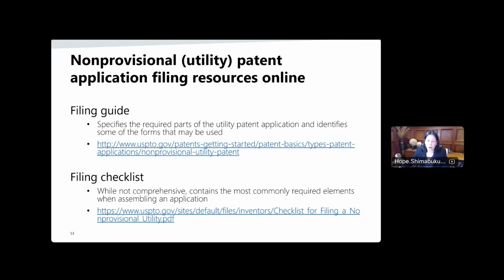The checklist overlaps a lot of the information in the filing guide, but it's really a great resource so that you can find information in a succinct form. First-time filers are highly encouraged to review both the guide as well as the checklist before filing your patent application.